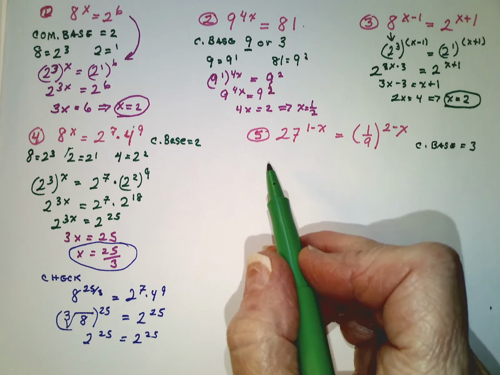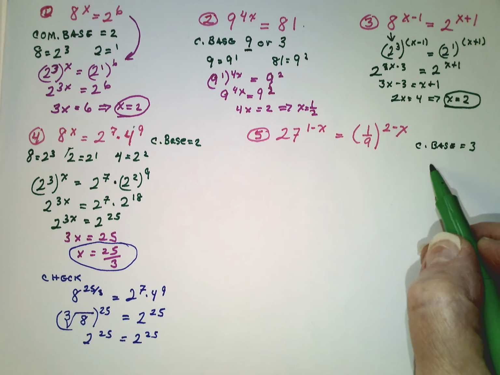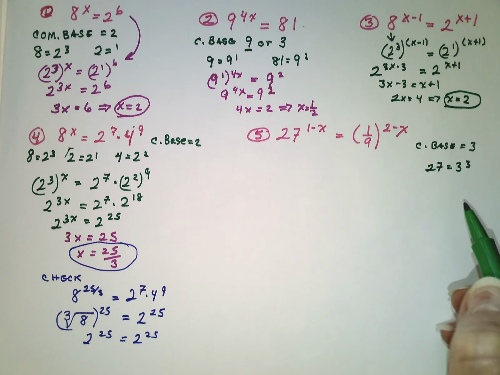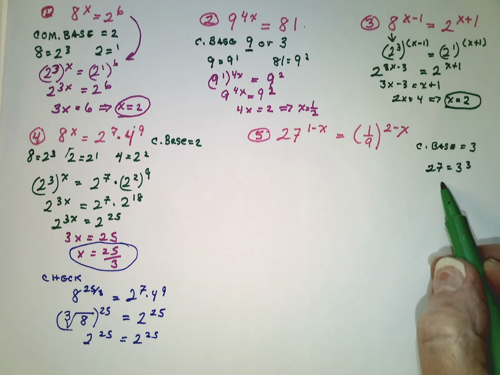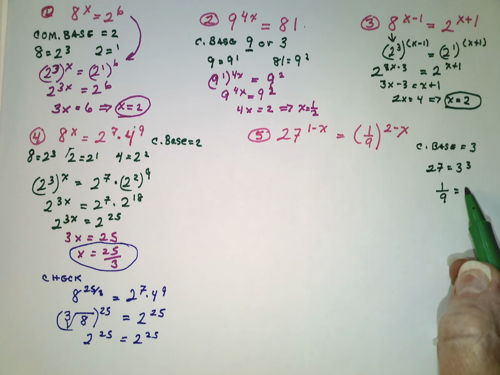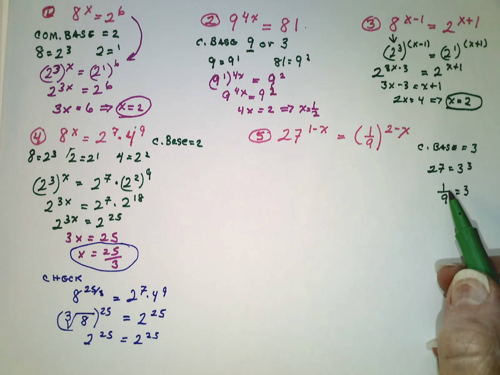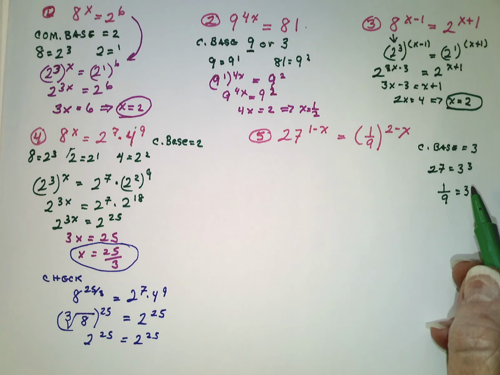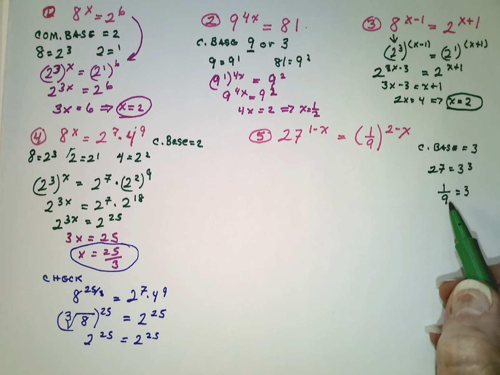to write our answers. So 27 is the same as 3 to the third. 1/9, now if it was just plain old 9, that would be 3 to the second power, 3 squared. But it's 1 over 9, it's the reciprocal of 9.